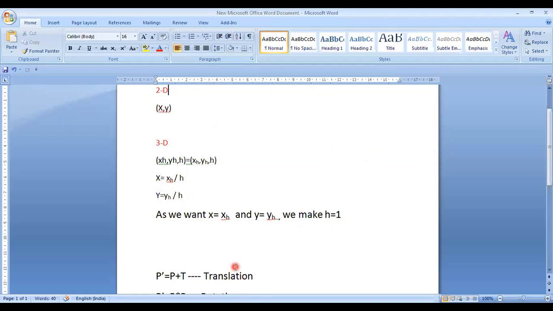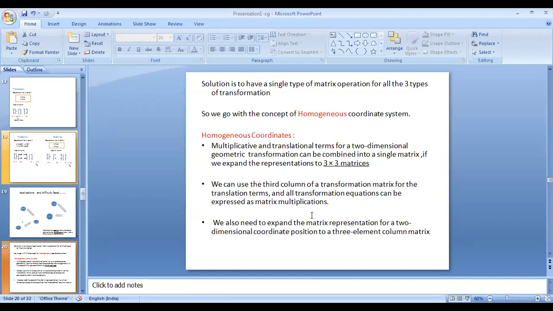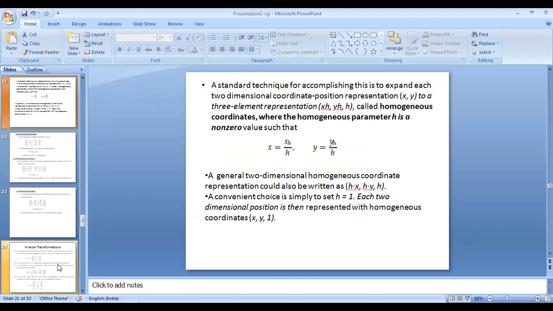Now coming back to our presentation, we can use this third column for the translation matrix. We also need to expand the matrix multiplication of a two-dimensional coordinate position to a three-element column matrix. So x is equal to xh by h and y is equal to yh by h, as I showed in the Word slide.